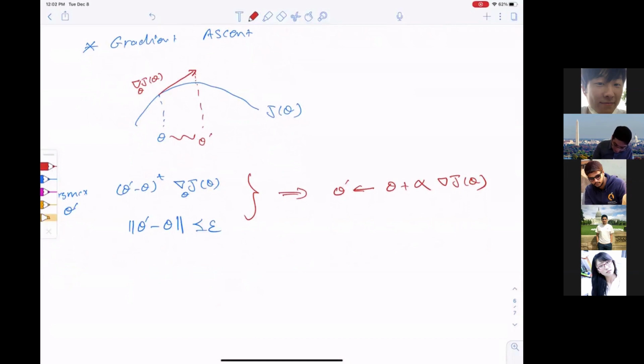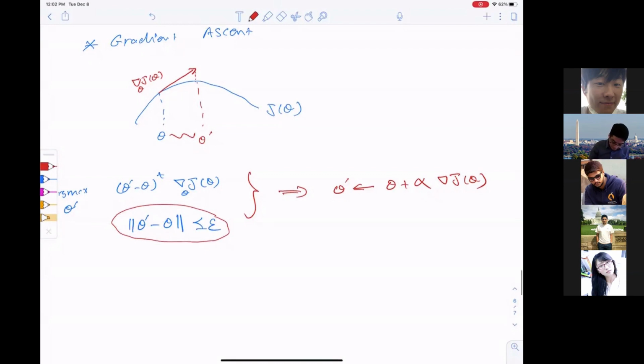All right, so instead of having a constraint on the L2 distance between theta and theta prime, maybe we can constrain the difference between pi of theta and pi of theta prime. These are the probabilities. So maybe I can introduce a probability distance measure between pi of theta and pi of theta prime.